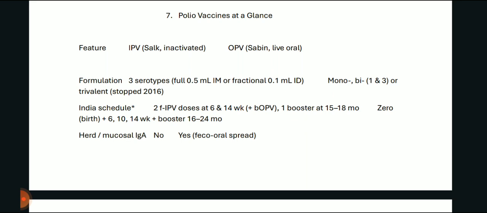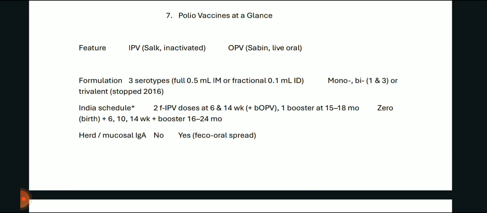About the Indian schedule, 2 fIPV doses at 6 and 14 weeks are given, plus bOPV, and at birth oral polio vaccine is given. And then 2 fIPV doses at 6 and 14 weeks are given. 1 booster at 15 to 18 months is given.